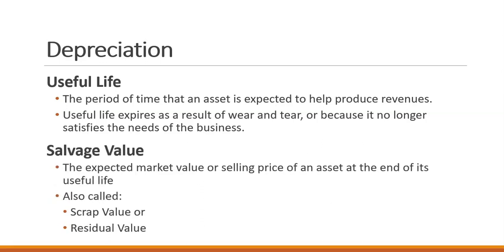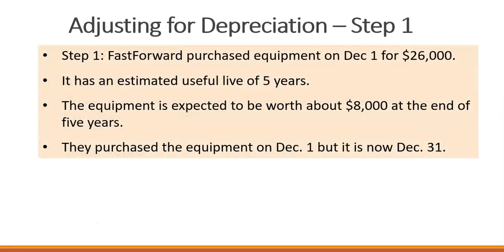Salvage value is the expected value that's going to be left over, whether we can trade it in and get something against our new purchase, like a car or a piece of machinery we can trade in, or, if by the end of its useful life it's just going to be scrap, we know we're going to junk it but because of its components we'll get a value from the junk company when we scrap it. Okay, so we have this example where we have equipment that was purchased on December 1st, and the cost of the equipment was $26,000.